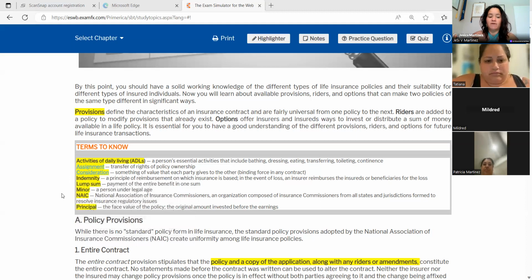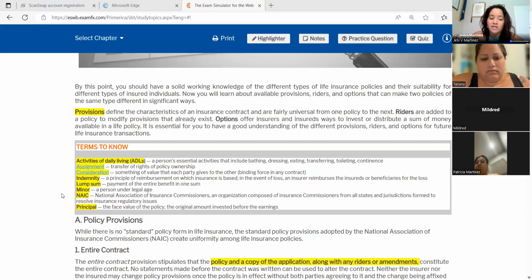Indemnity, a principle of reimbursement on which insurance is based. In the event of a loss, an insurer reimburses the insured or beneficiaries for the loss. So an indemnification. A lump sum, a payment of the entire benefits in one sum. Minor, a person under legal age.